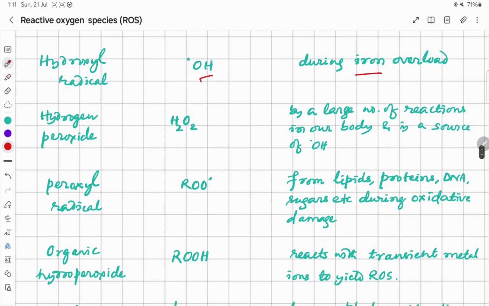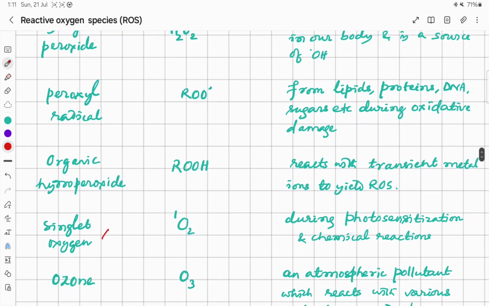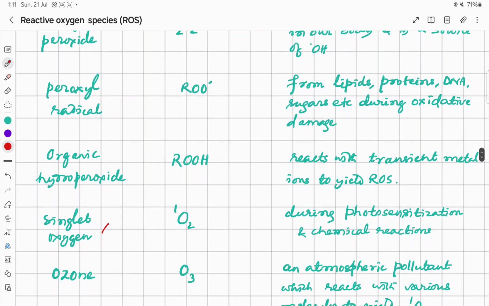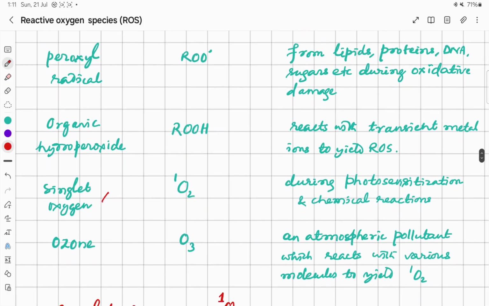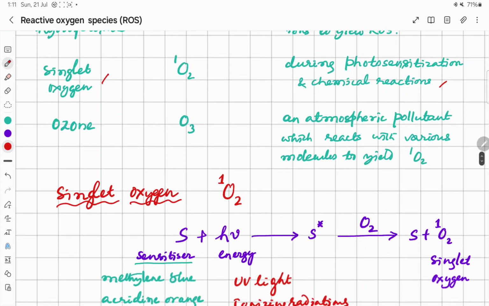Then peroxyl radical is generated from lipids, proteins, DNA, sugars, etc. Then organic hydroperoxide reacts with transient metals to generate reactive oxygen species. And ozone is an atmospheric pollutant which reacts with various molecules to yield singlet oxygen. Singlet oxygen is generated during photosensitization and chemical reactions.